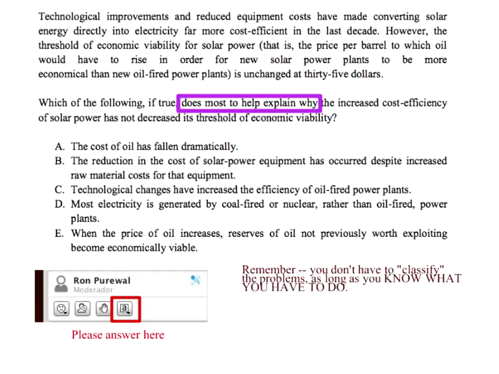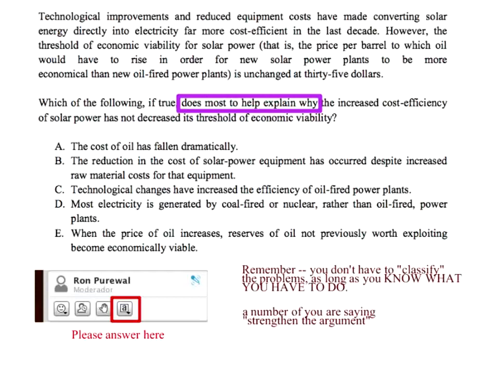But a number of you guys are saying that this is a strengthen the argument problem. So, what's the biggest problem with that? It's not a strengthen the argument type of problem, because it's not even an argument in the first place. Like, what do we not have here that we would have to strengthen an argument?